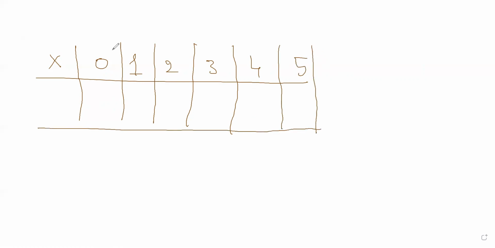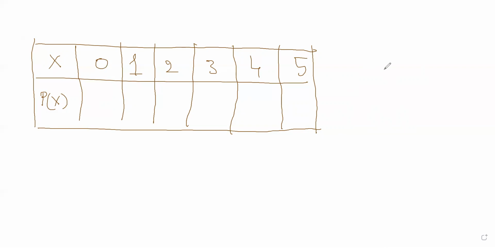Now you have to find the probability P of X, that you get a difference of 0. How many cases do you get the difference 0? Only if it's 1 and 1, and if it's 2 and 2 also, it will be 0.